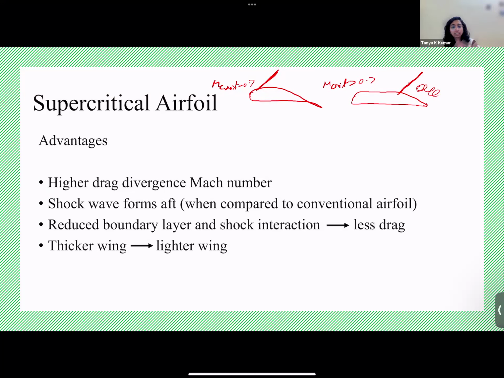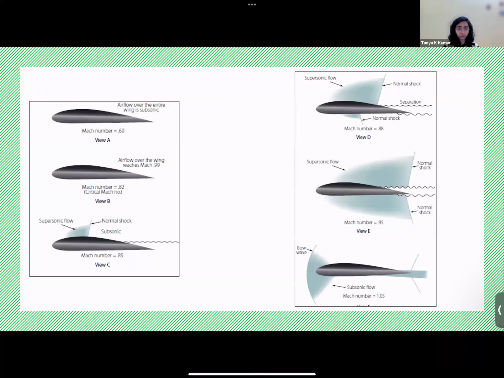So these are the advantages of the supercritical airfoil. Yes, this was the diagram that I was referring to. Initially we had seen only this case, right? When the flow is laminar and approaching the critical Mach number, and it has crossed the critical Mach number, a shock wave is formed and there's a possible flow separation here. When it goes beyond that, a shock wave is formed even on the lower surface and there is a definite flow separation towards the trailing edge.